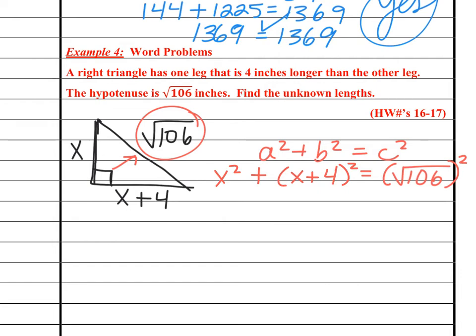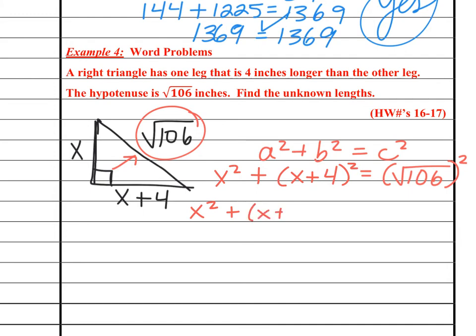This is where we're going to use our algebra knowledge. That x plus 4 squared, you're going to have to double distribute out. Like you did whenever we took something in vertex form and moved it to standard form. That's the type of thing you're doing here.